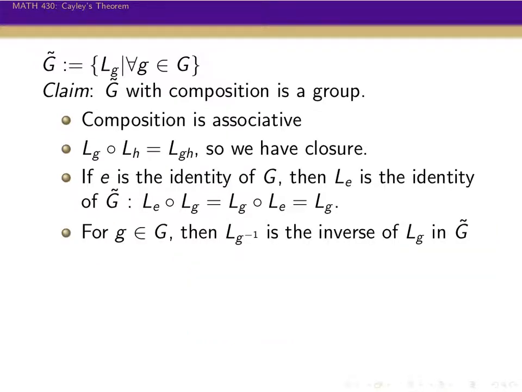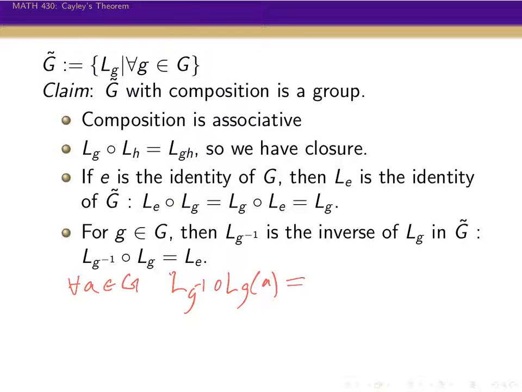And then if we want to do the inverse map, so this is a bijection, so it has an inverse map. Well, that inverse map is just L sub g inverse. So let's double check that. So if I take any a in G, and I do L sub g inverse of L sub g of a, this gives me L sub g inverse of ga, which is g inverse times ga, which is just a.